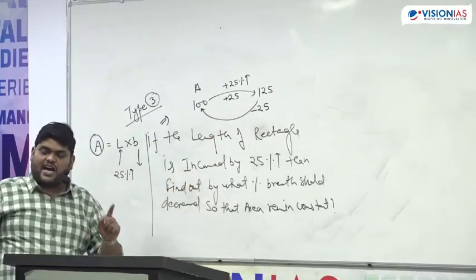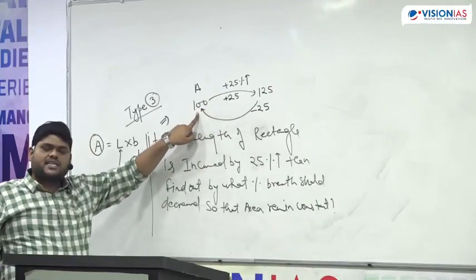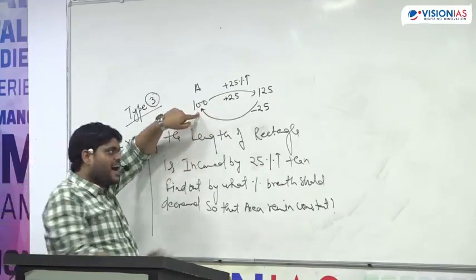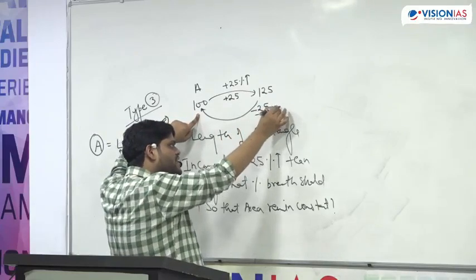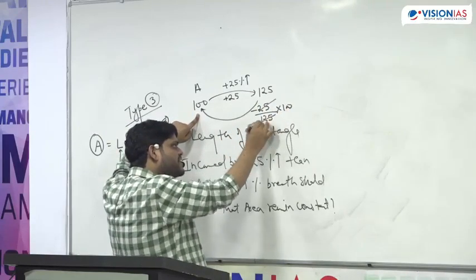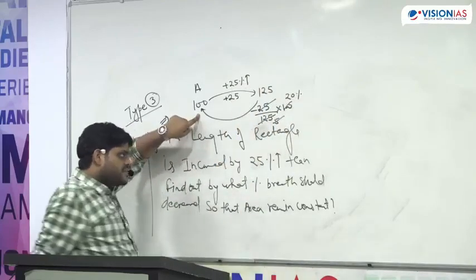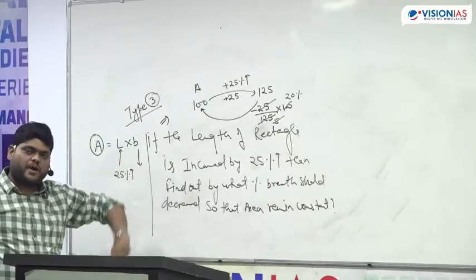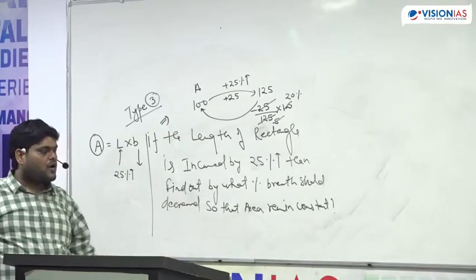But when we find the percentage, initially we found it with respect to 100, now we are finding it with respect to this 125. So simply we can say the answer will be 20%. That means the breadth should decrease by 20% so that the area remains constant.